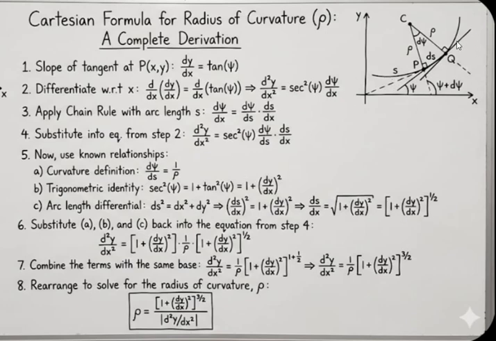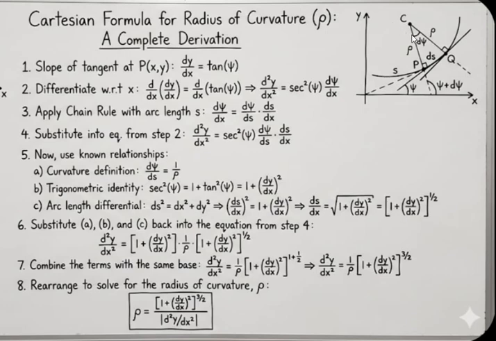Using these two pieces of given information, we can easily find d phi by ds: the amount of change in the tangential direction per unit change in the distance traveled along the curve. That is how we can derive the formula here.